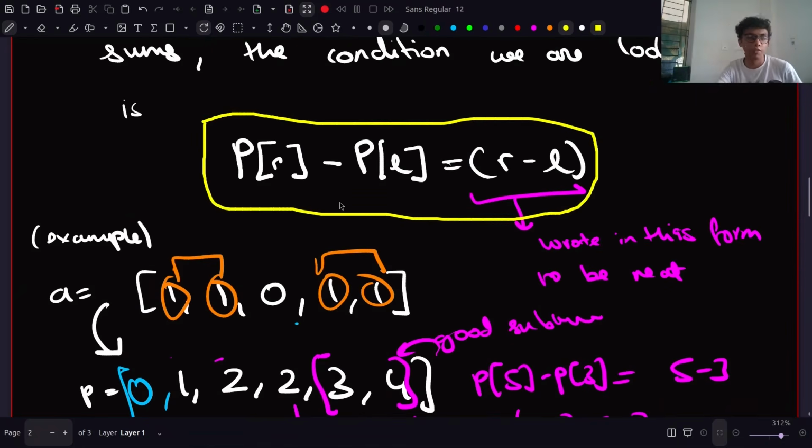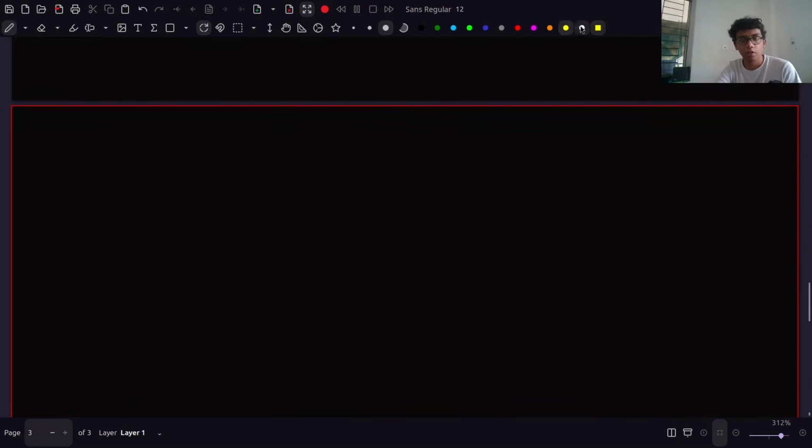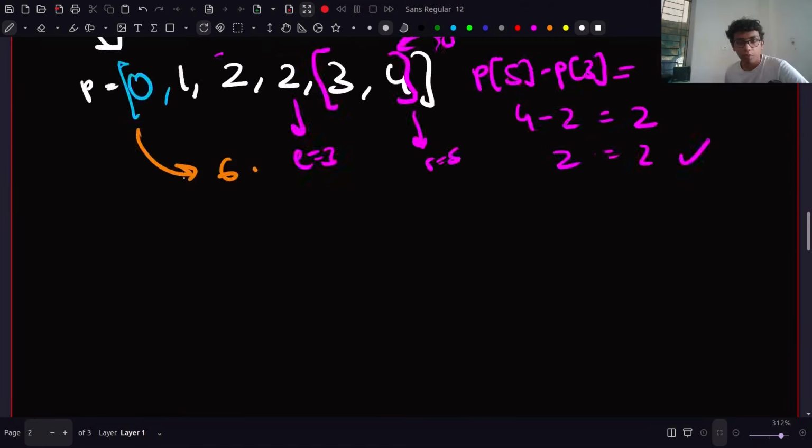Even if we find the prefix sums, we cannot go through all L and R and check which are satisfying. We cannot do an n square solution, as n goes up to 10 to the power 5. So we need to find some way to optimize this.